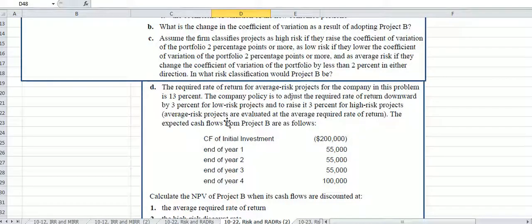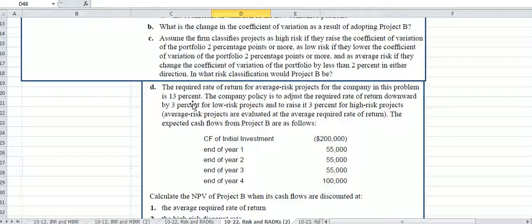Average risk projects are evaluated at the average required rate of return. The expected cash flows from project B are as follows. So the high risk discount rate is going to be 13 plus 3, which is 16%. Think of that 3% as the risk premium.